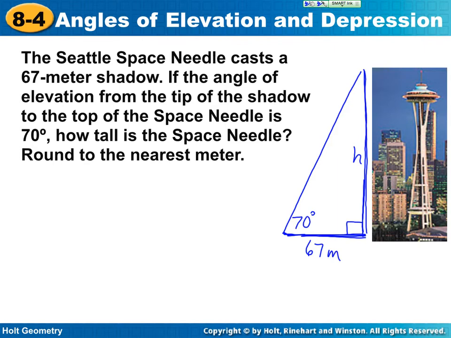Figure out how tall the Space Needle is. You're just finding the missing side of your triangle. Which trig ratio, since it's not a 30, 60, 90, would you use to solve it? We wrote 60, but it should be 70.